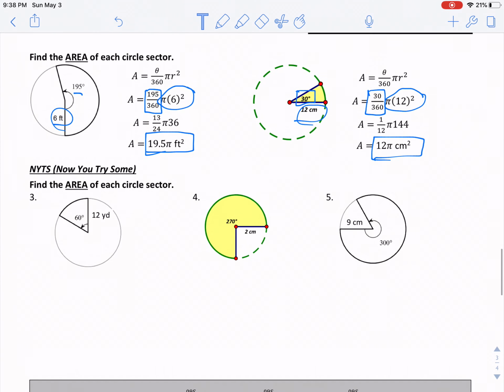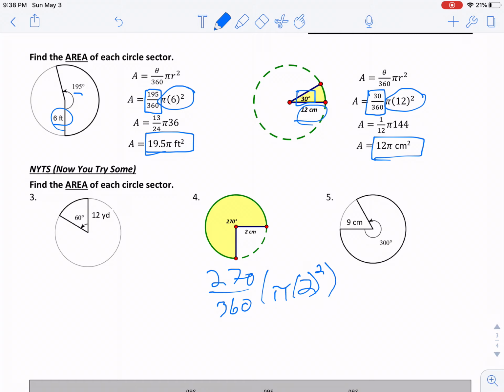I'm going to do number 4. Notice we want the 270 part. So we're going to start with 270 over 360. And then multiply by the area, which is pi times radius squared, in this case 2.